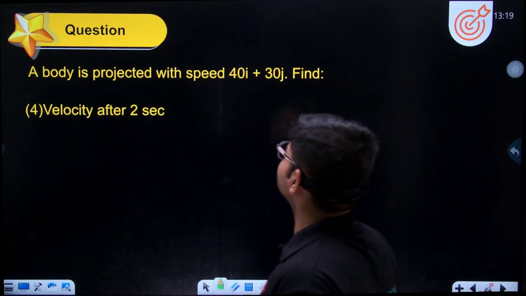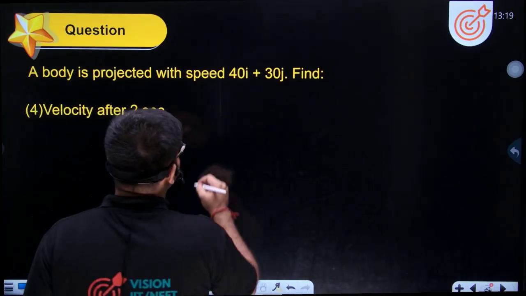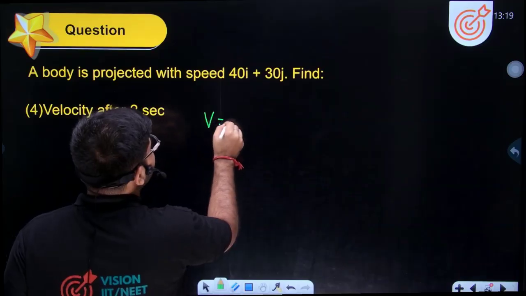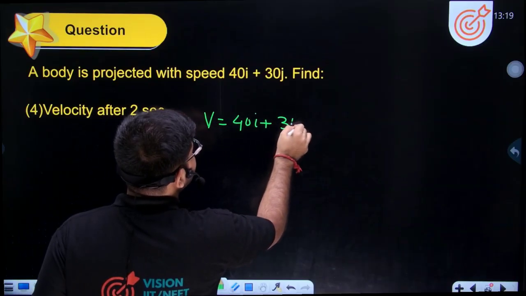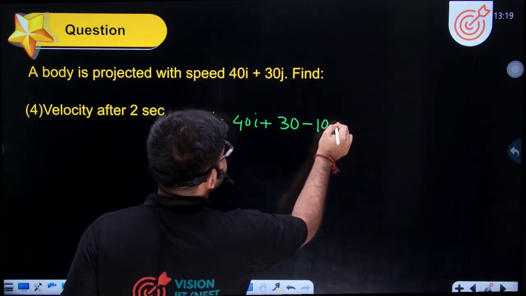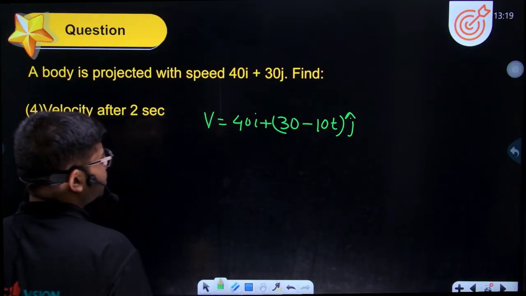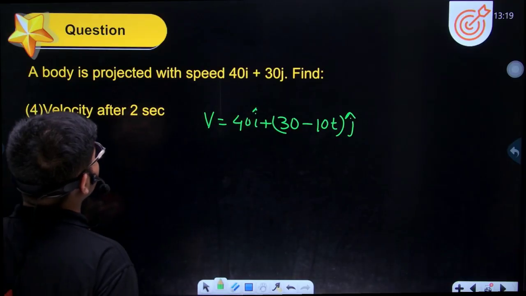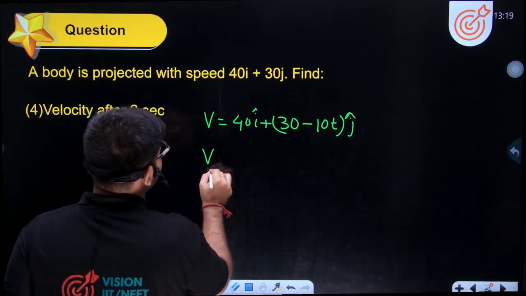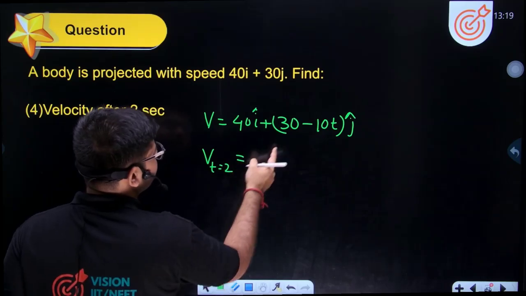Velocity after 2 seconds. You see the velocity equation is given to you: V is equal to 40i plus 30 minus gt, that is 10t, j. Now for the velocity after 2 seconds, just put t is equal to 2 here.